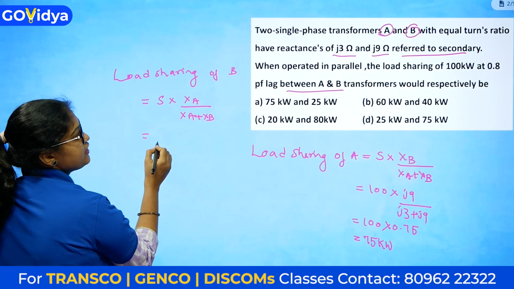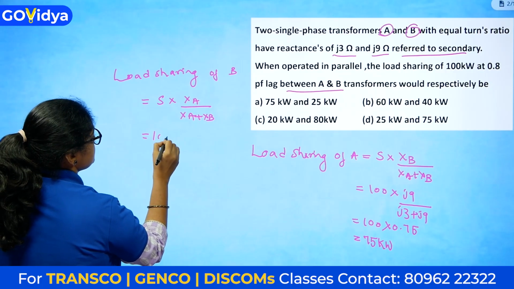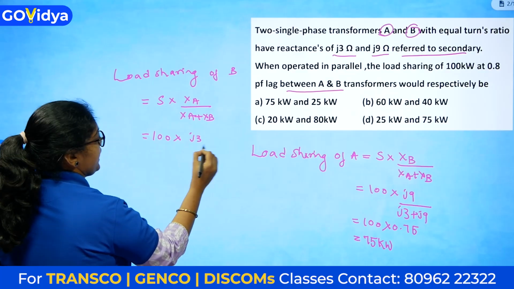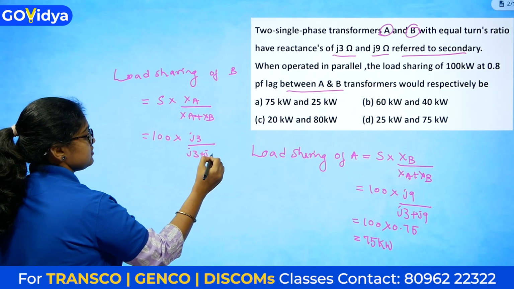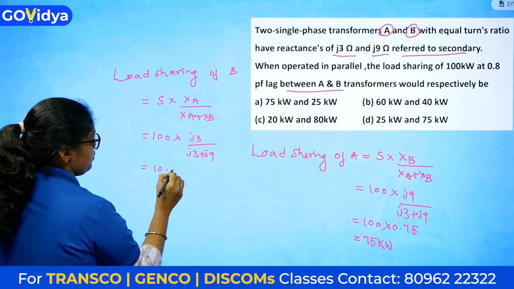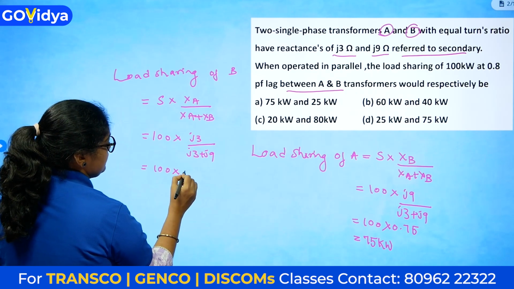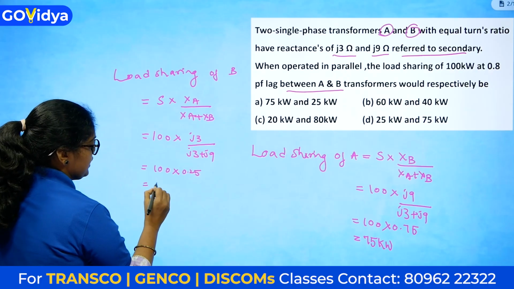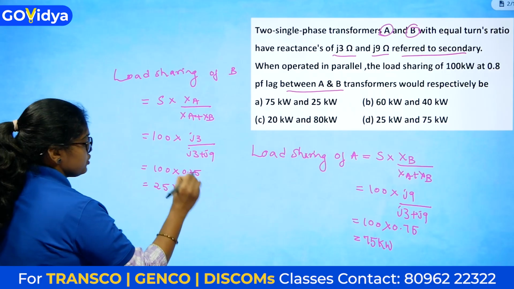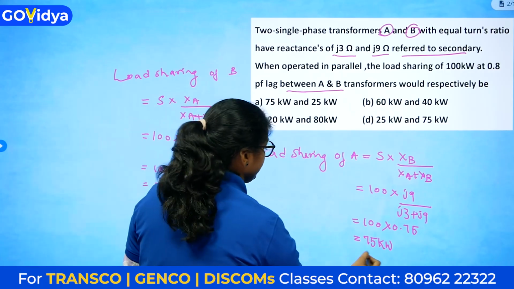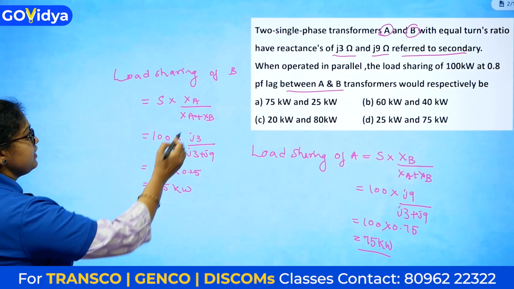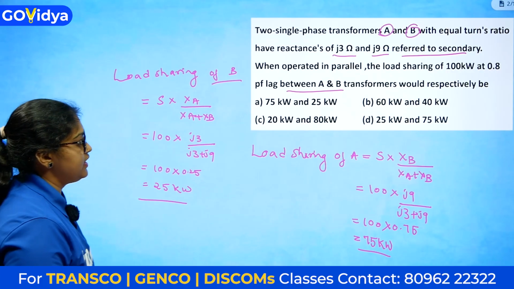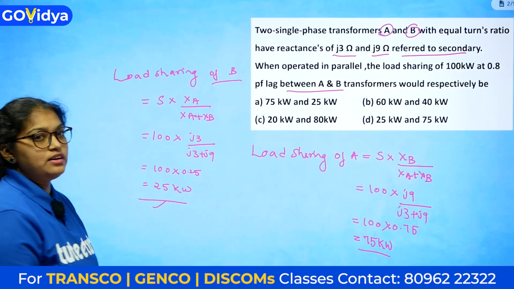The total load given in the problem is 100 kilowatts, so 100 into XA which is j3, by j3 plus j9. So 100 into 3 by 12, we will get 0.25, because 1 by 4 is 0.25, and we will get 25 kilowatts. So the load sharing by transformer A is 75 kilowatts and by transformer B is 25 kilowatts. Clear?